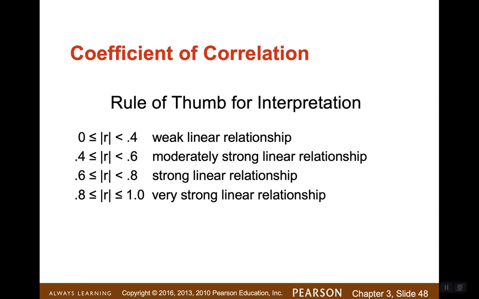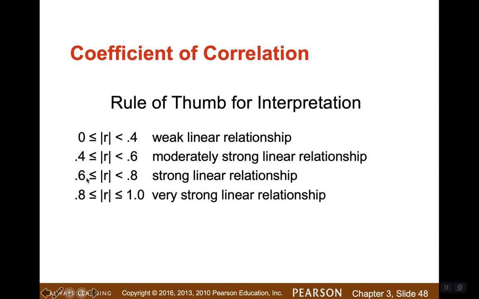So we'll use a rule of thumb. If it's between 0 and 0.4, we say there's a weak linear relationship. If it's between 0.4 and 0.6, we say there's a moderately strong linear relationship.